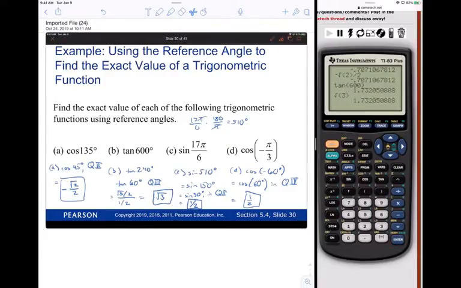The first one was sine of 17 pi over 6. We should get a half when we get it. And then let's do cosine of negative pi over 3. I think that one was also a half, right? Okay. So we were able to check these in a calculator and confirm our numbers.